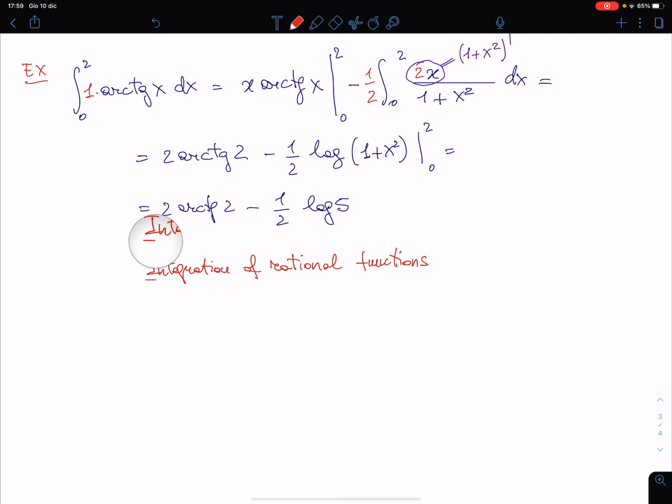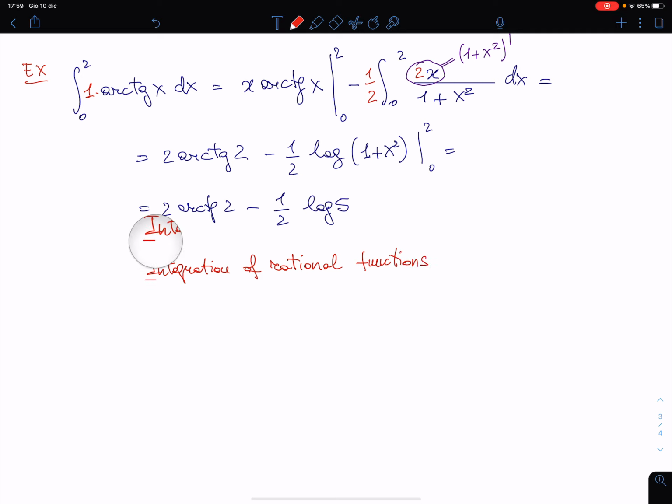So 1 divided by 1 plus x squared, squared. You just complete to obtain the binomial at the denominator. How to do that? You write 1 plus x squared minus x squared, divided by 1 plus x squared, squared.